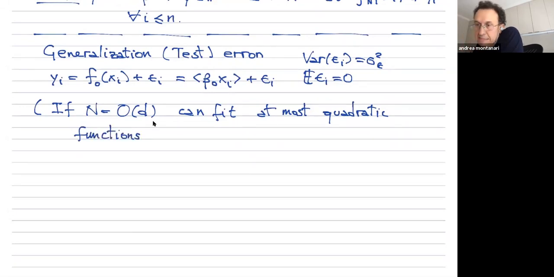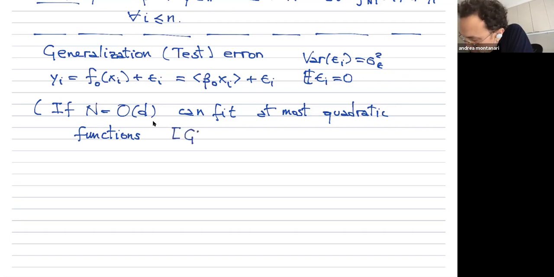And can fit is in the approximation sense, namely, if you give me a third order polynomial that has 0 L2 projection on linear functions and quadratic functions, you cannot approximate it to any non-trivial extent by a neural tangent model.